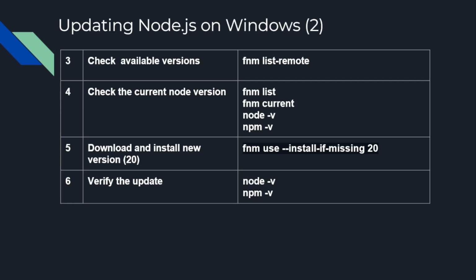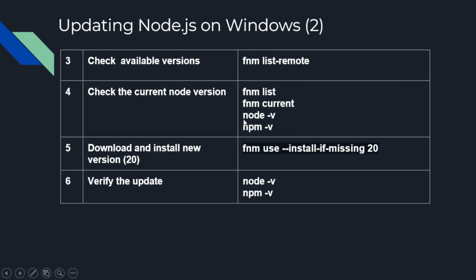After that, you can use FNM for updating Node.js like this. First, you list remote to understand which versions are available. Then you check the current situation with commands like fnm current to see the current version, and fnm list to see all the versions that are residing on your laptop.